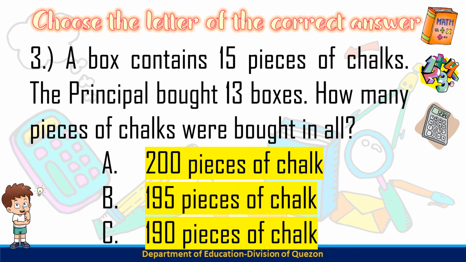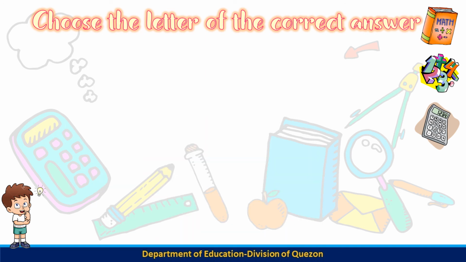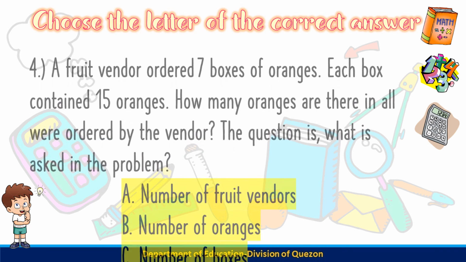Number 3. A box contains 15 pieces of chalk. The principal bought 13 boxes. How many pieces of chalk were bought in all? Okay, when we multiply 15 times 13, the answer will be letter B, 195 pieces of chalk. Number 4.